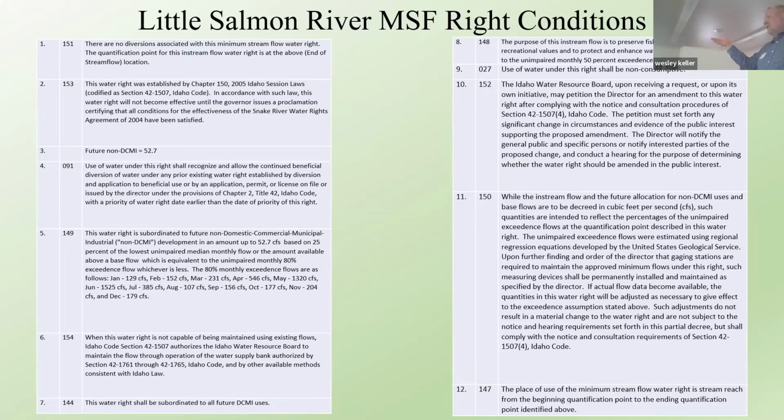Once another 52.7 CFS is allocated within the drainage, any subsequent water right would be subject to curtailment per the minimum stream flow right.